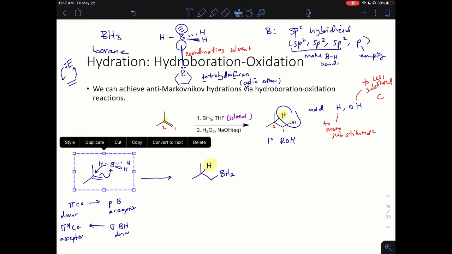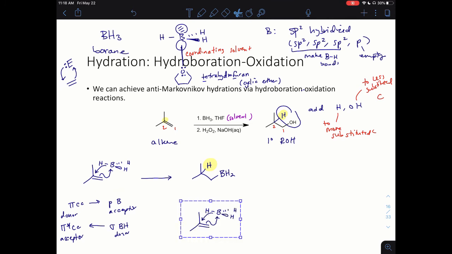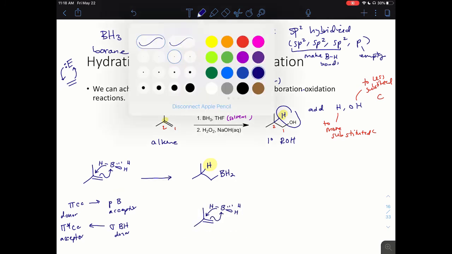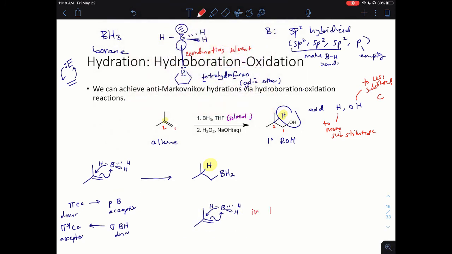Well, it's because in this transition state, the carbon that doesn't make the bond to boron, so this carbon, has a little bit of positive charge on it, and that little bit of positive charge is most stable on the more substituted carbon.